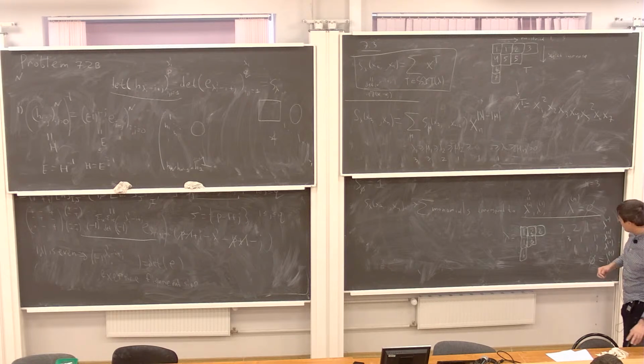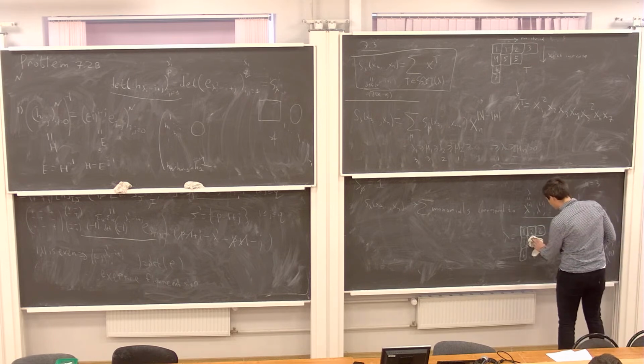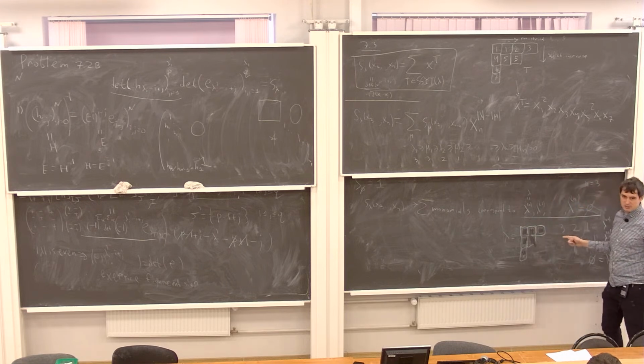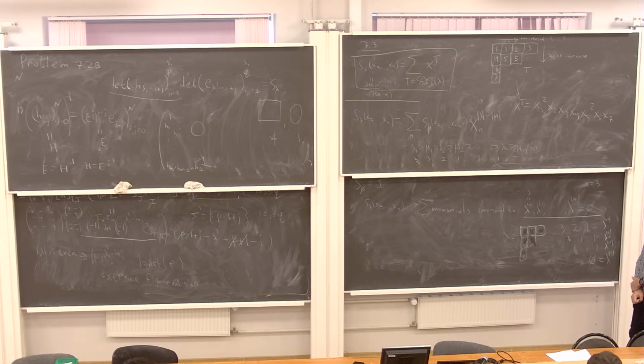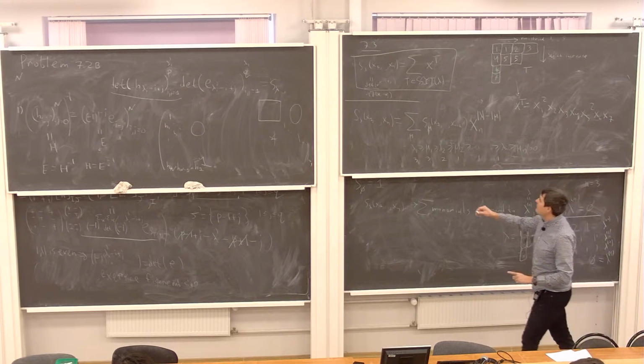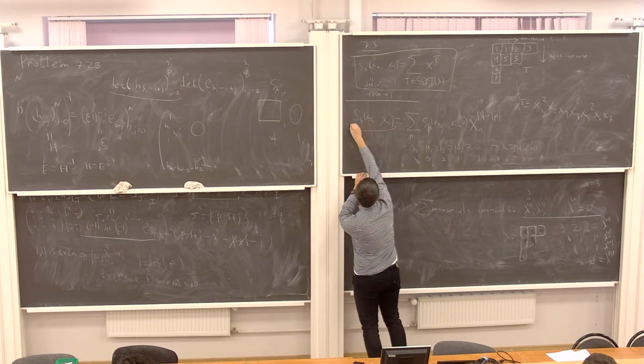Which number should we start from, you say? Because the degree of this is 6, right? But okay, we fix s lambda of n variables, right?